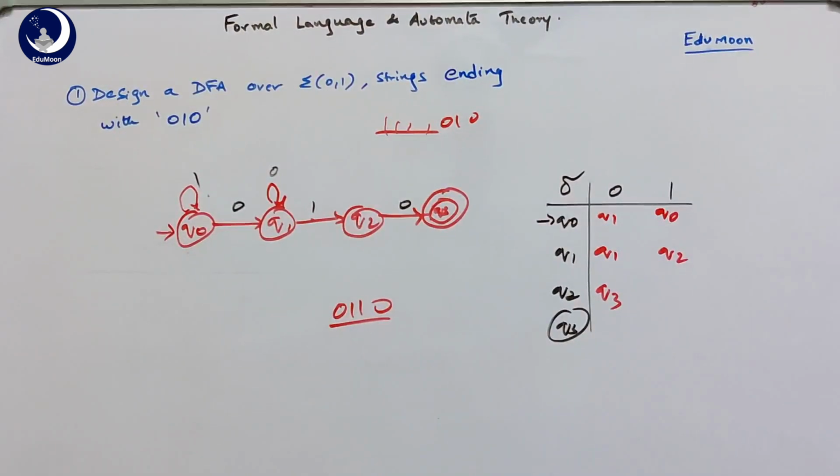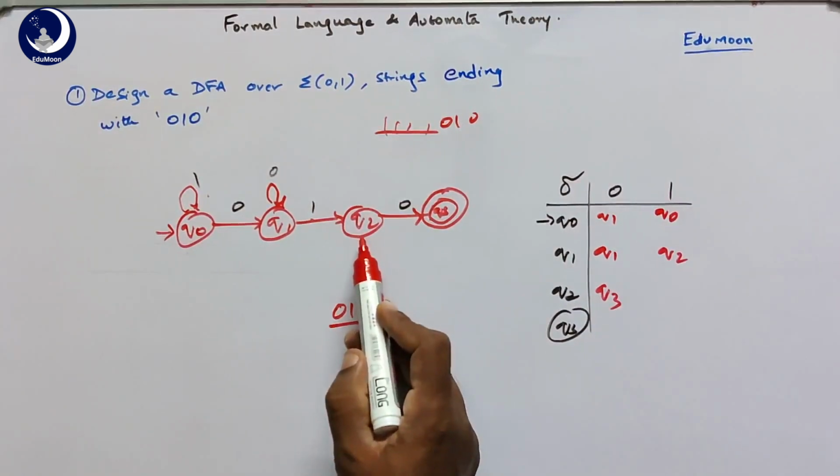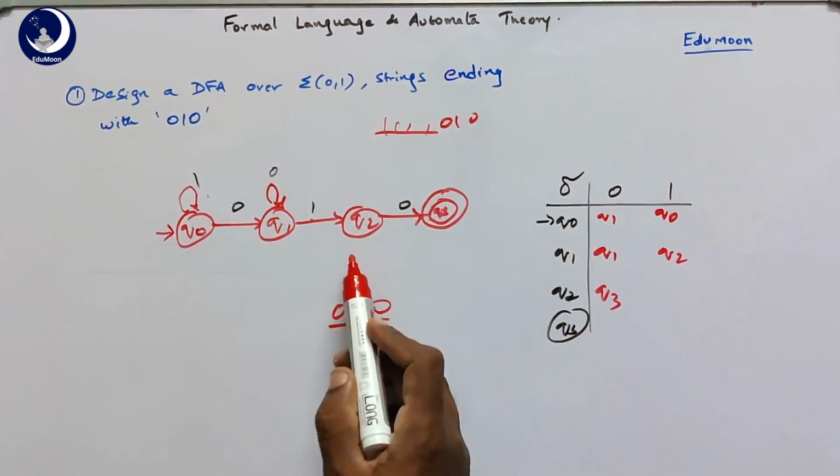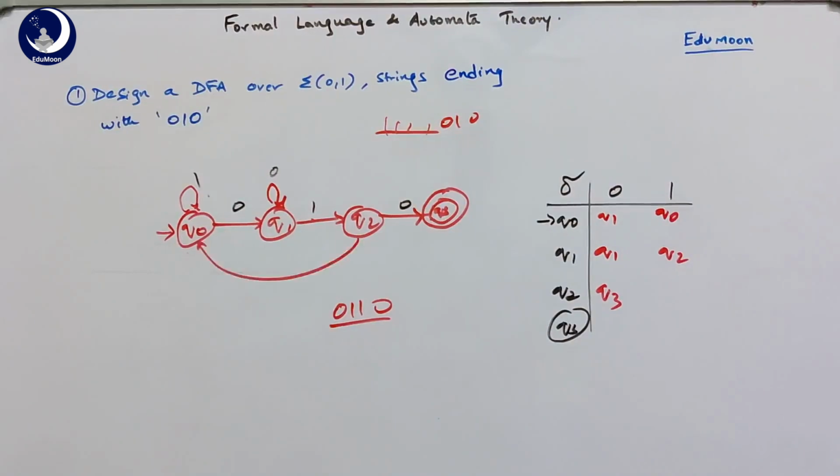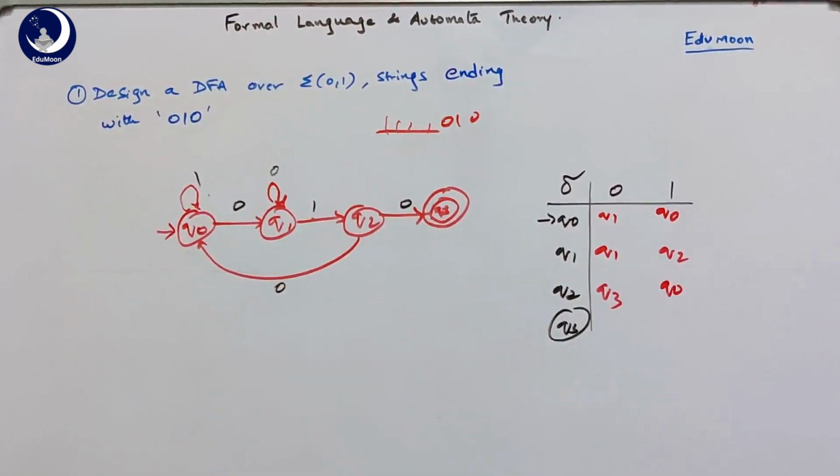So what we do is q2 on 1 should be traversed back again. If the string ends with 0 1 0, it gets accepted. So it traverses back to the initial state like this. Therefore you can write q2 on 1 as q0 in the table.